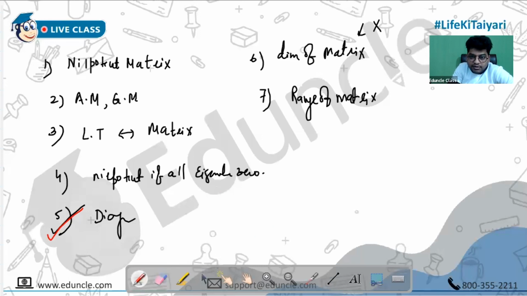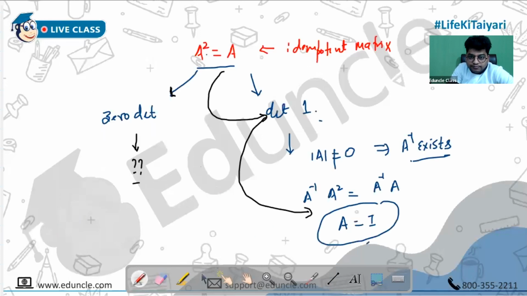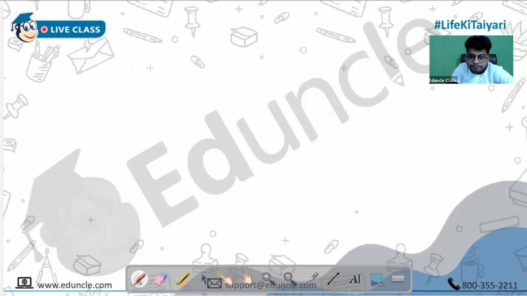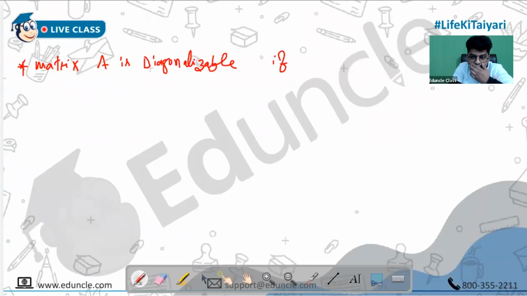Matrix A is diagonalizable if the sum of geometric multiplicities is equal to n.